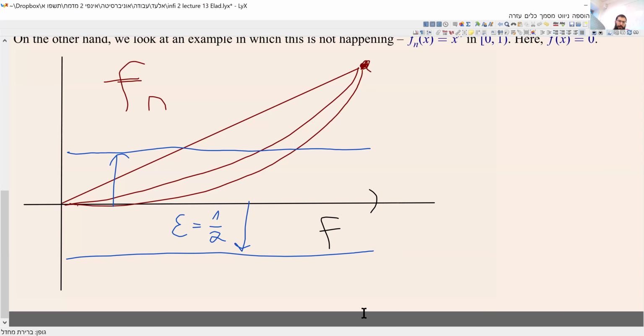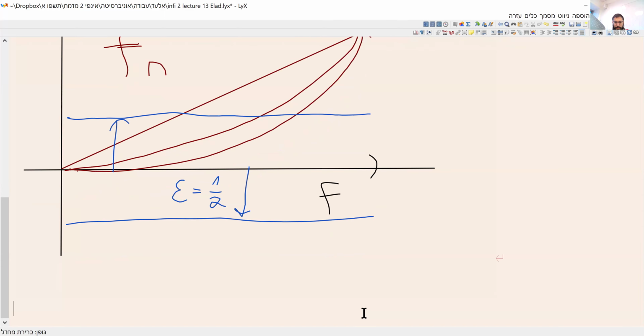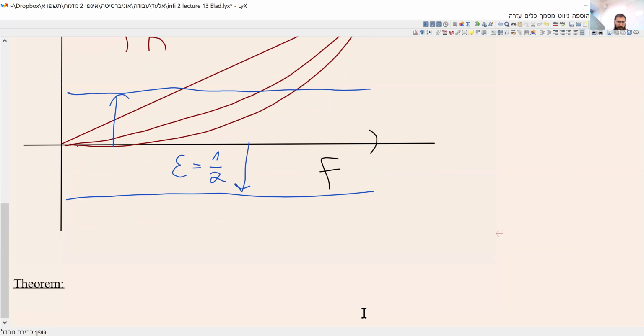We use the following theorem. The following conditions are equivalent.